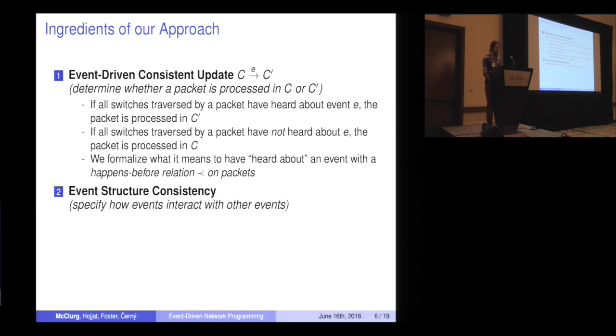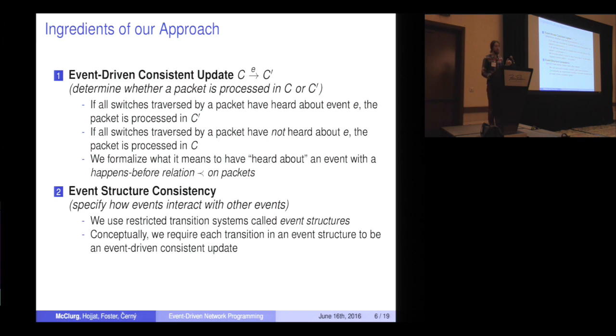The second piece is event structure consistency, and this one specifies how different types of events relate. In particular, this is how we deal with handling conflicting events. How this works is we use a restricted type of transition systems that are called event structures. And conceptually, each transition in the event structure needs to be driven consistent updates.